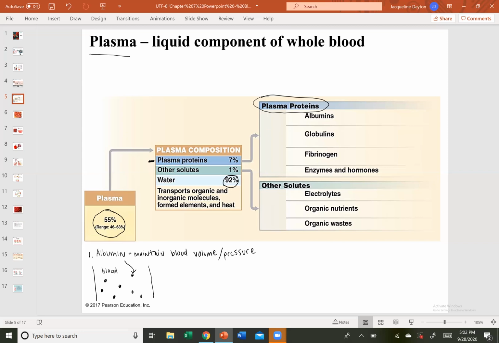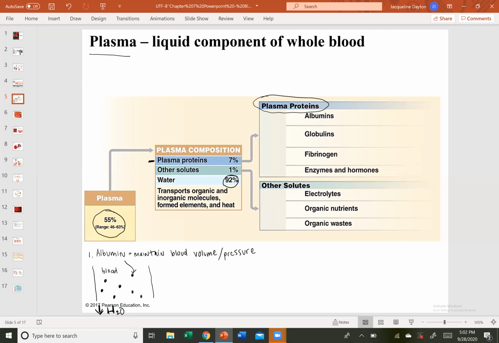Okay, so these little plasma proteins are dissolved inside of the blood within the plasma component, okay? Because they're proteins, we're going to have a high solute concentration and a relatively low water concentration, okay? So if we start to lose blood volume, we are effectively decreasing water volume, okay?